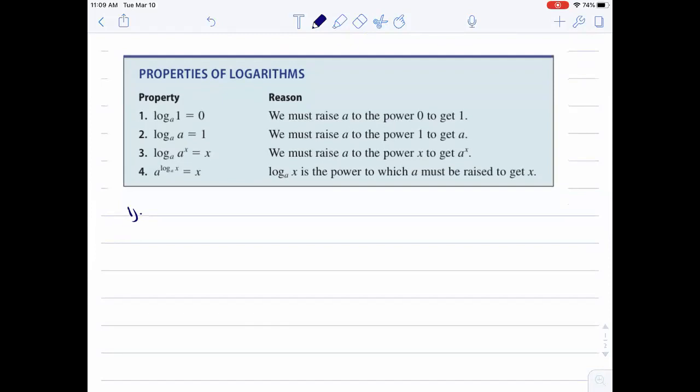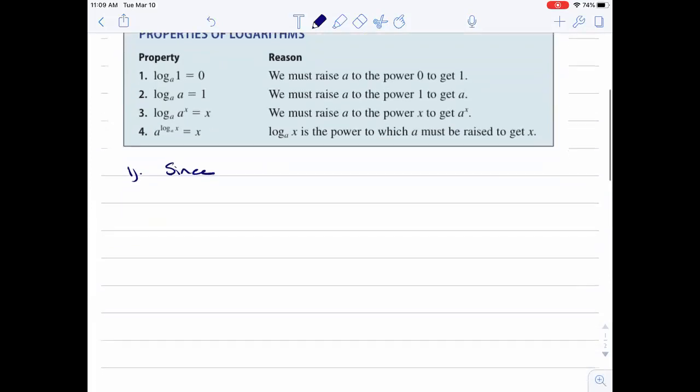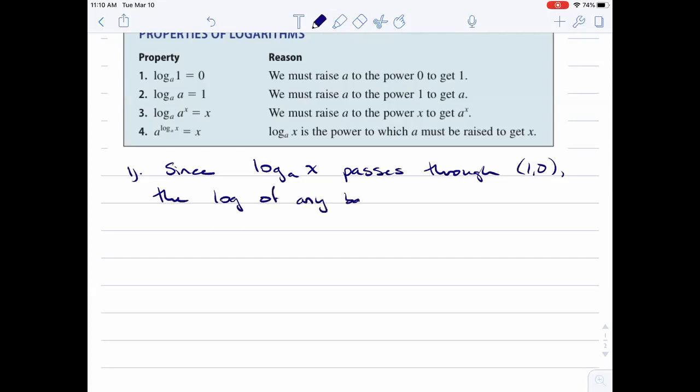So since log base a of x passes through 1, 0, the log of any base of 1, I'll put the of any base in brackets. So the log of 1 will always be 0.